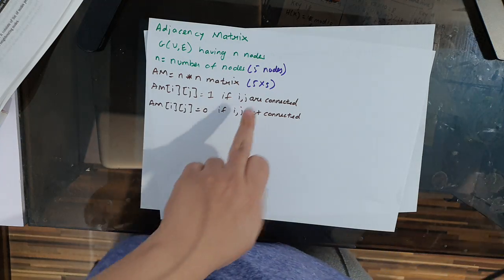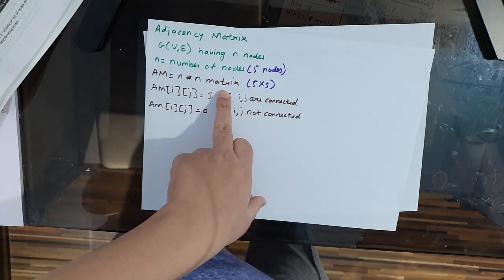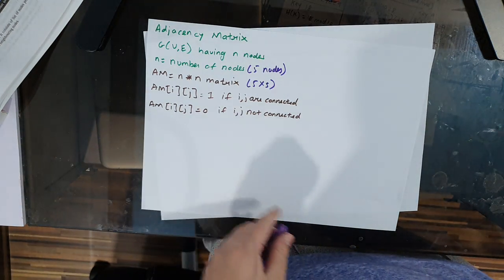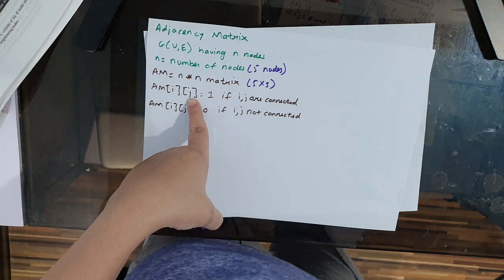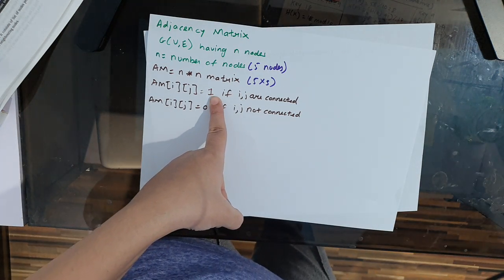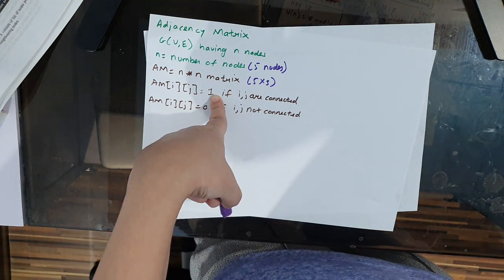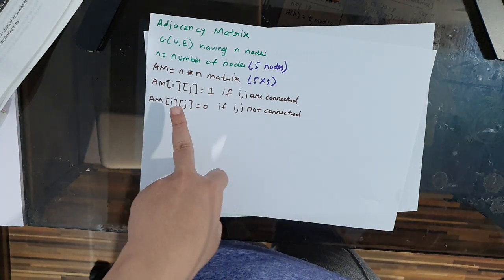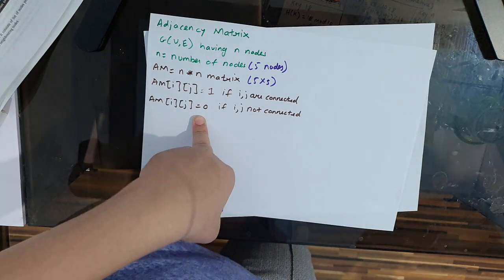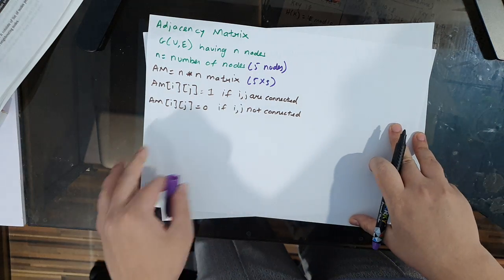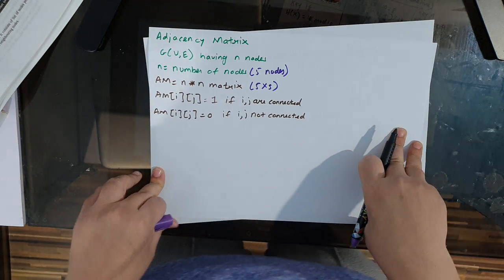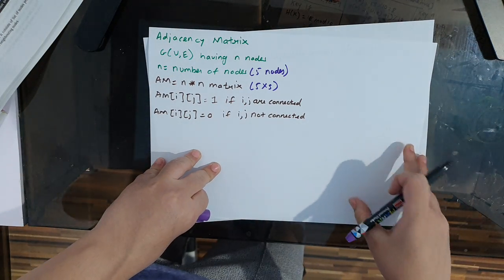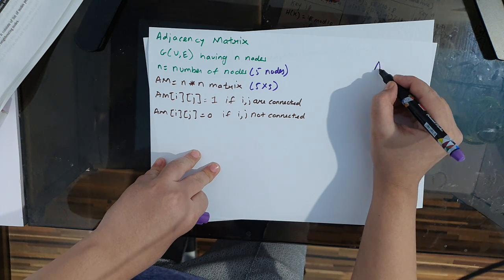So remember, we are going to have a matrix of n into n, and if two nodes are connected we represent it as 1, and if not connected, we represent it as 0. So let's see how to make an adjacency matrix for a particular graph. Let's take an example of a particular graph right here.